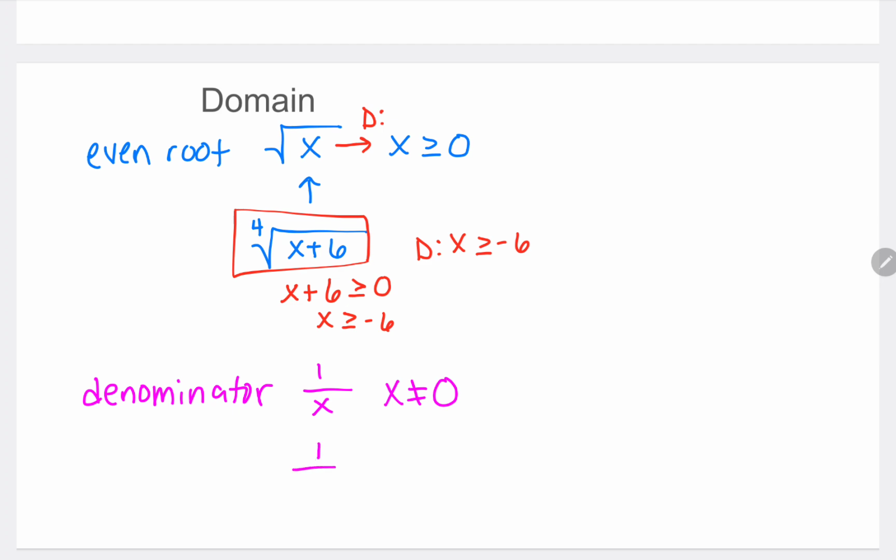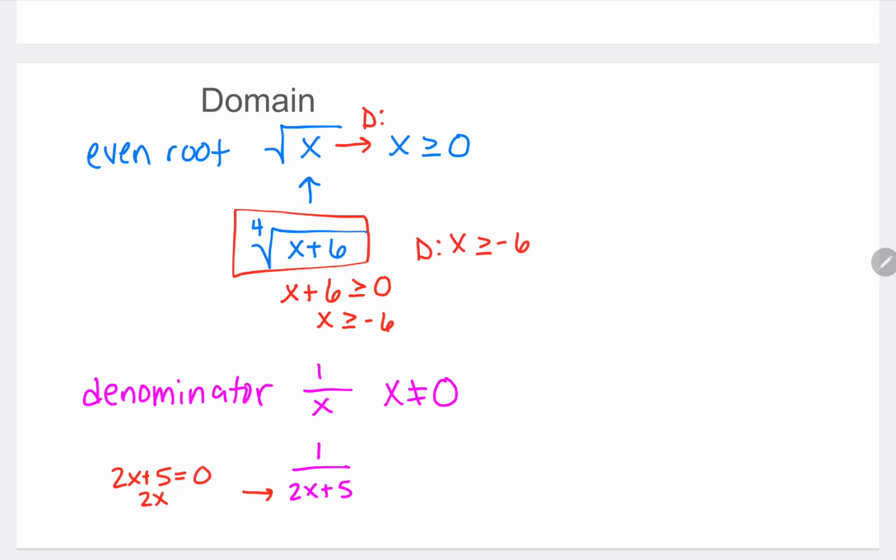Or if it looked a little bit fancy in the denominator, like 2x plus 5, for example, we would have to ask ourselves, okay, what would make the denominator equal to 0? What would make 2x plus 5 equal to 0?